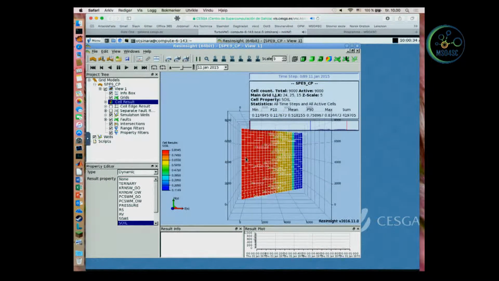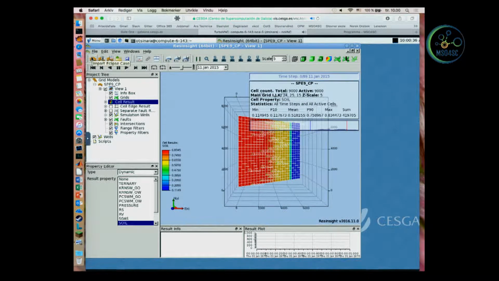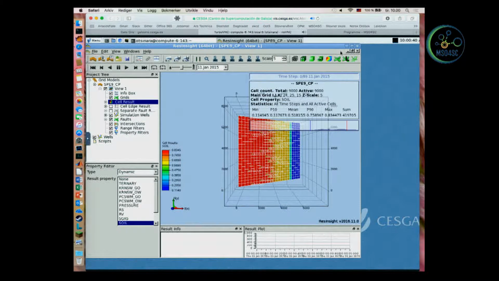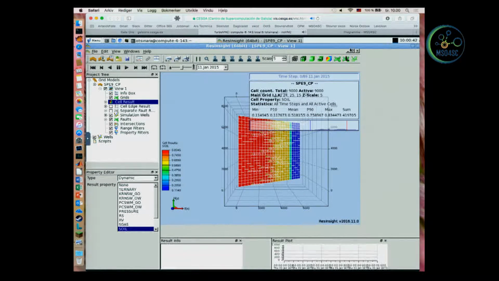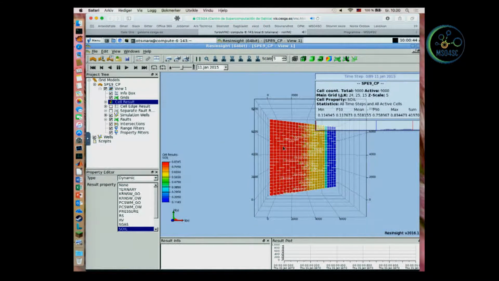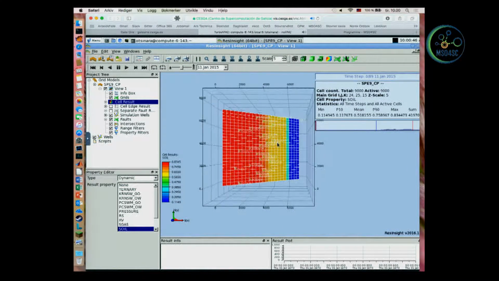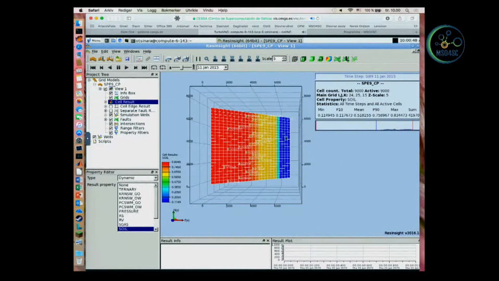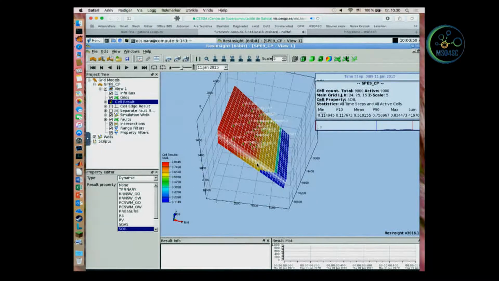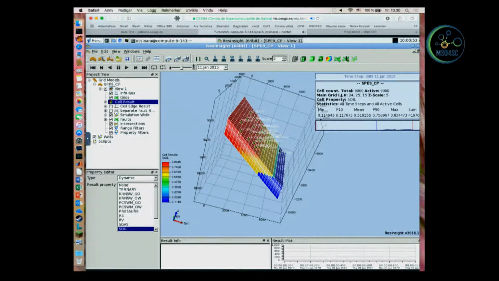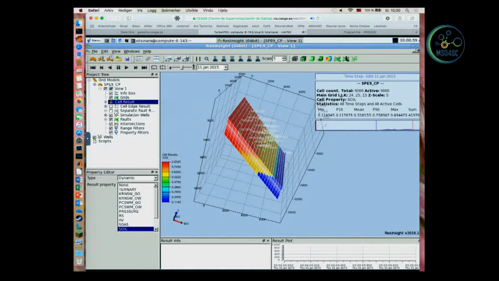So this case is a reservoir where you can see there's a water layer at the bottom, and then there's a transition to oil, and then an oil zone.